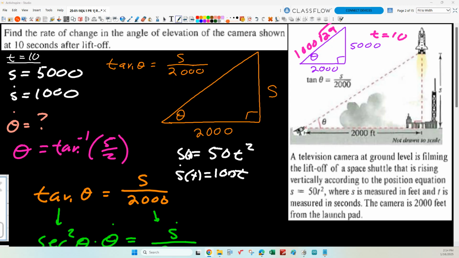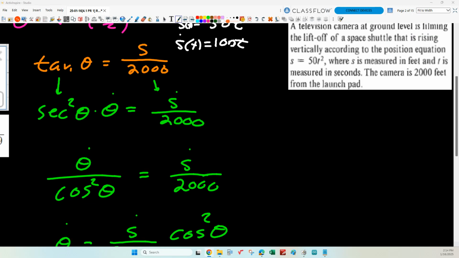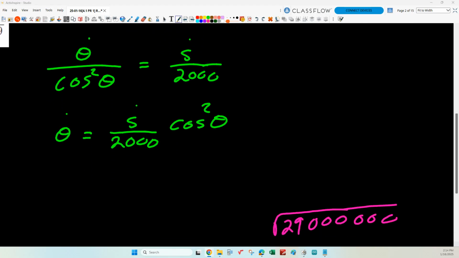So that's one thing I could do, and then I could just plug in that calculator number wherever I have a theta. What would that look like on a calculator? Let's just calculate that on Desmos. Cosine squared means cosine theta squared, right? So it would look like this: theta dot would equal S dot, which was 1,000.